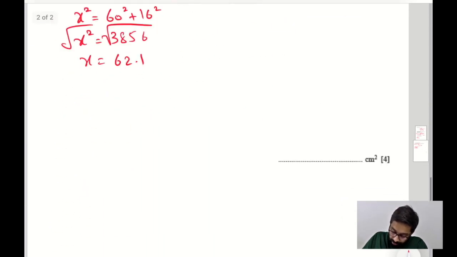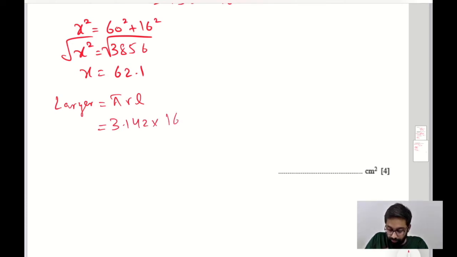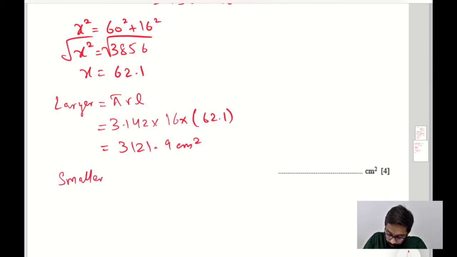So larger cone, once again we do pi r L. L is the slant height, 3.142 times 16, because that's the radius of the larger cone, times 62.1. We get 3121.9 centimeters squared.